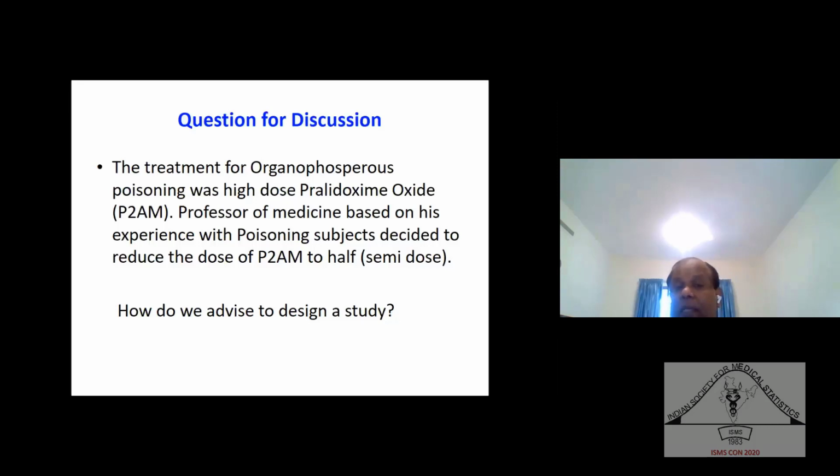The professor of medicine observed that people who could not afford to pay for the treatment were surviving more. So this was bothering him. Then he went back and looked at who had suggested high dose pralidoxime in the treatment of organophosphorus poisoning. He could not find any literature because traditionally it was just taught to people.